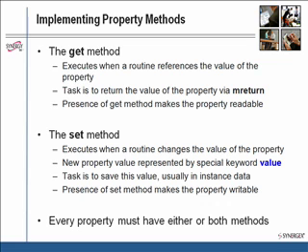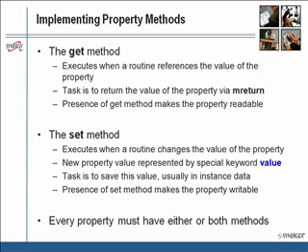The set method executes whenever the value of the property is changed by external code. There is a special keyword called value which is used in a set method to access the new value that is being set. So the job of the set method is to take this value and store it away somewhere for later use.